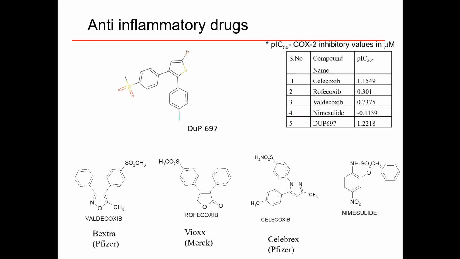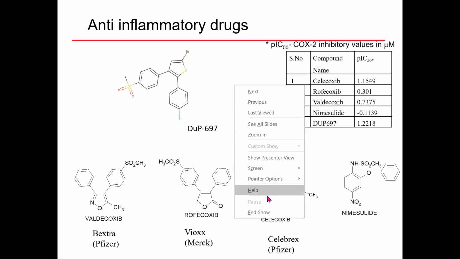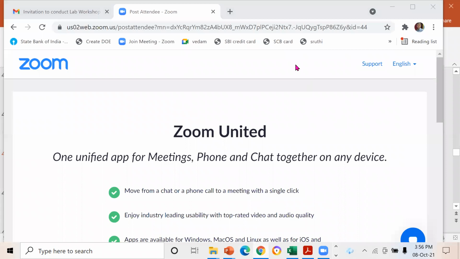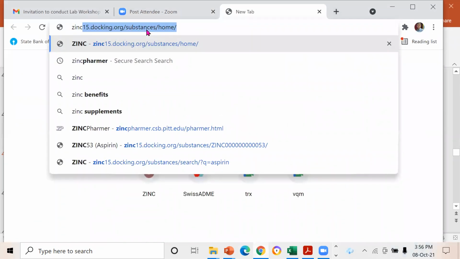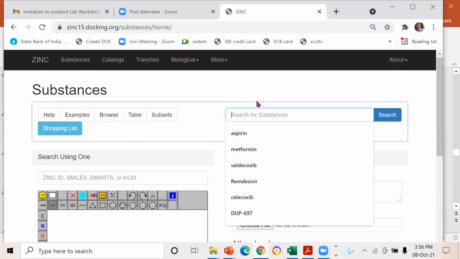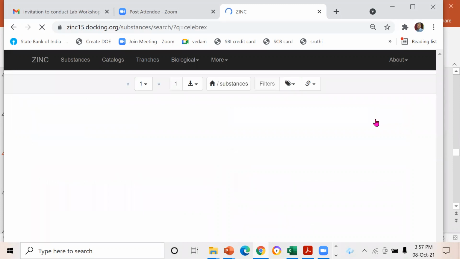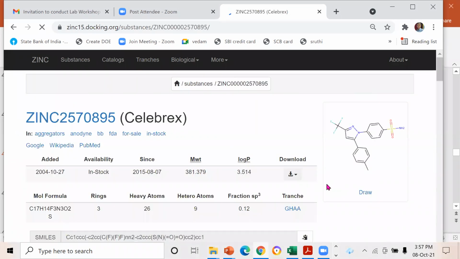Now I know the y value, so I have to collect or calculate the x's for each one of them, right? So first I get the silicoxib, SMILES.